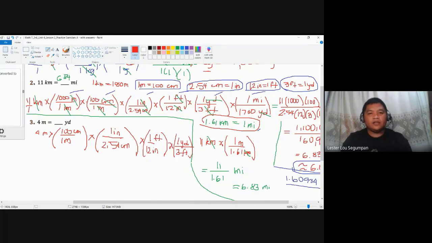So meters to yards. Even if you can see conversion factors of meters to yard on the internet, let's just simply use this to improve our understanding.